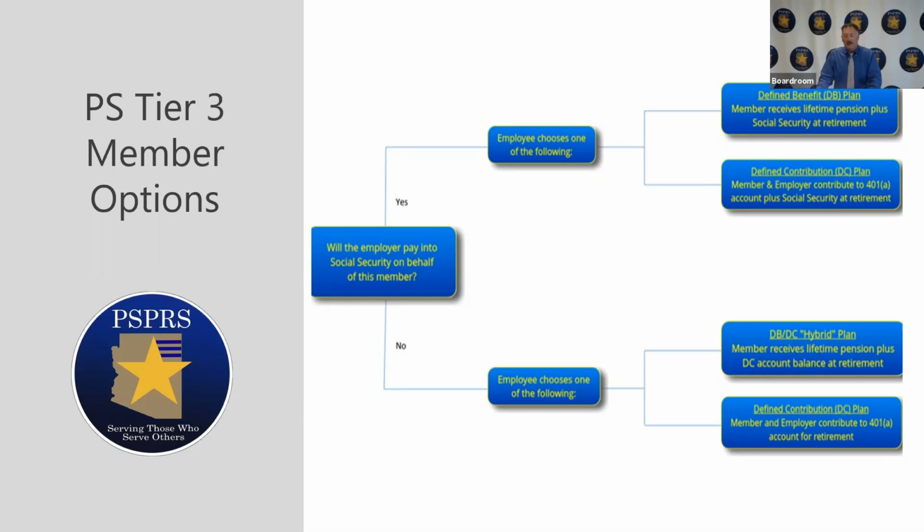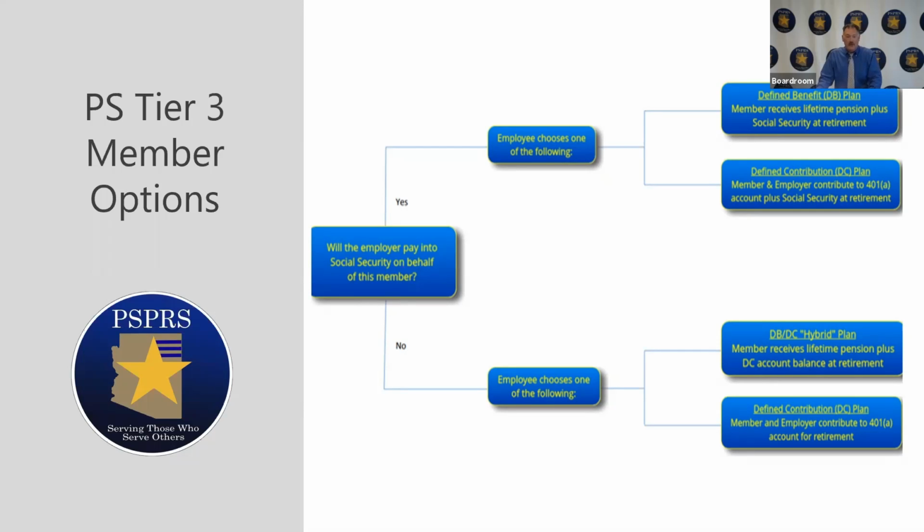The member can elect a traditional pension defined benefit plan, which means they make contributions, you, the employer, make contributions. Upon retirement, that member will collect that lifetime pension from public safety, as well as collect Social Security income in the future.